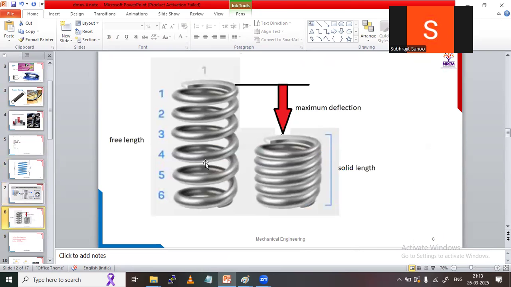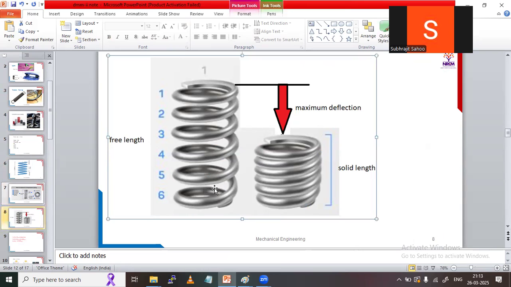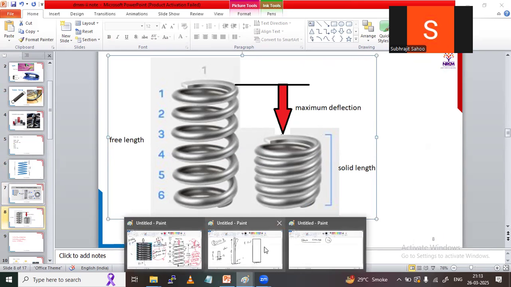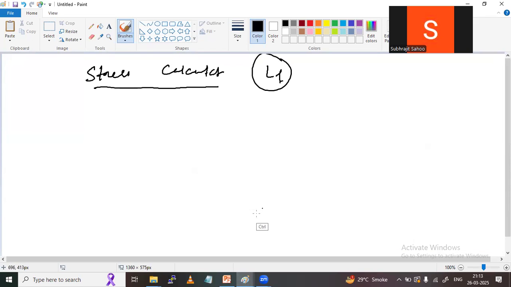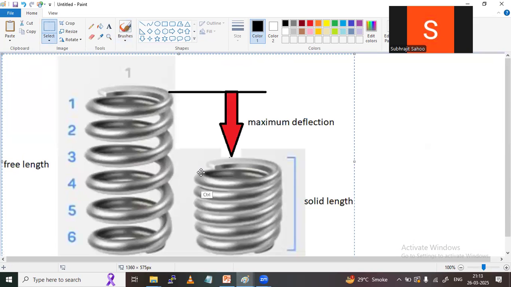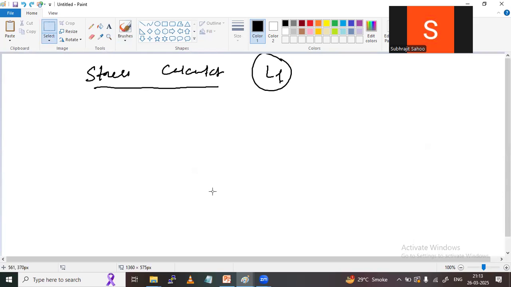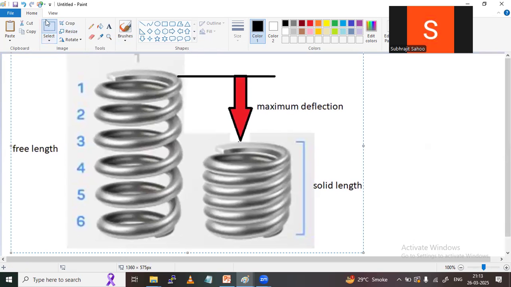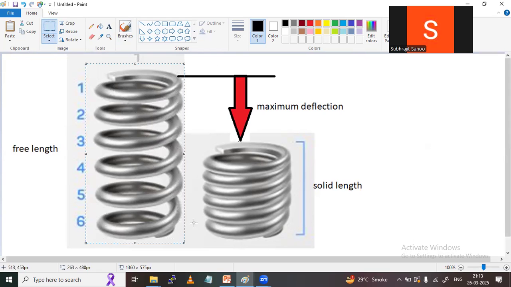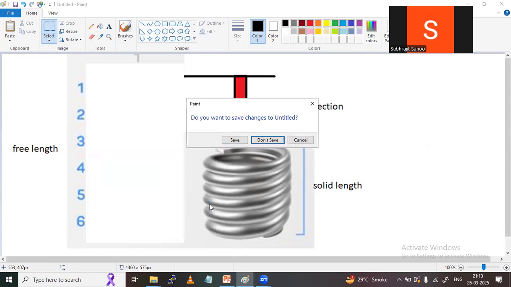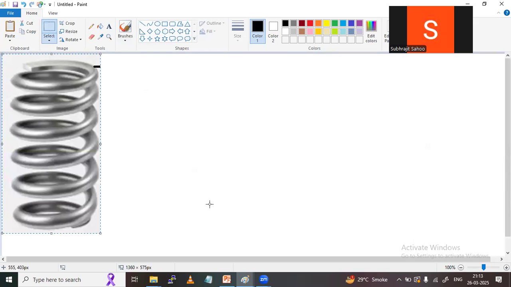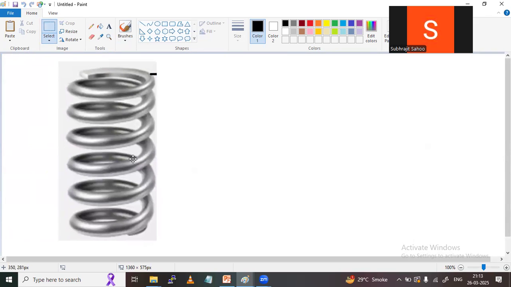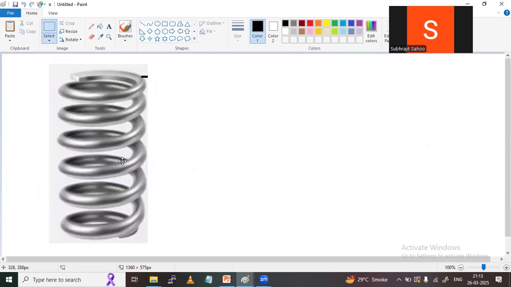Okay, this one I will take. Here I will derive the stress calculations.